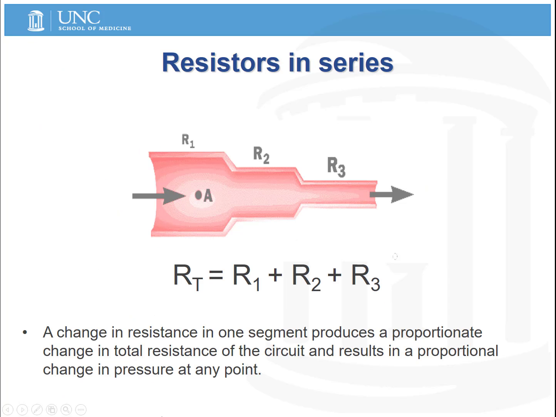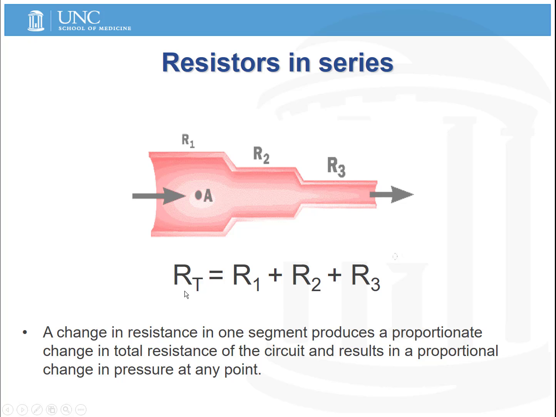So the location of resistances with respect to other resistors is also important in the cardiovascular system. And in a set of vessels arranged in series like this, blood flows sequentially from one vessel to the next. All of the fluid has to flow through each of these 3 segments. And just like resistors in electrical circuits, resistors in fluid circuits summate when they're in series like this, with one after the other.